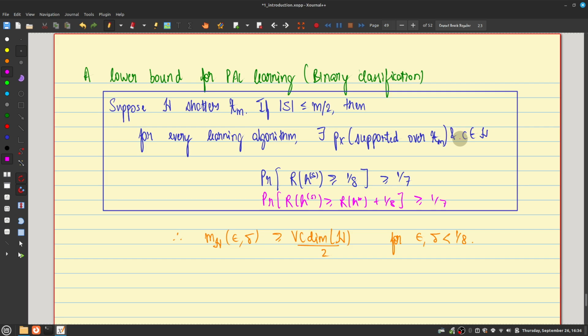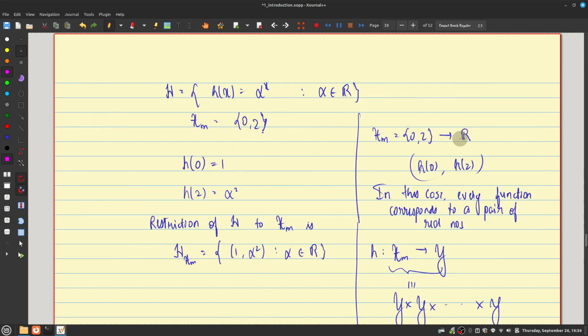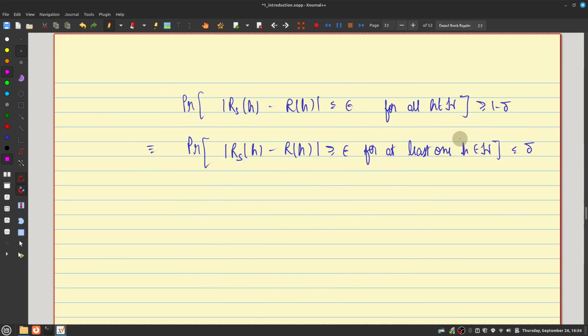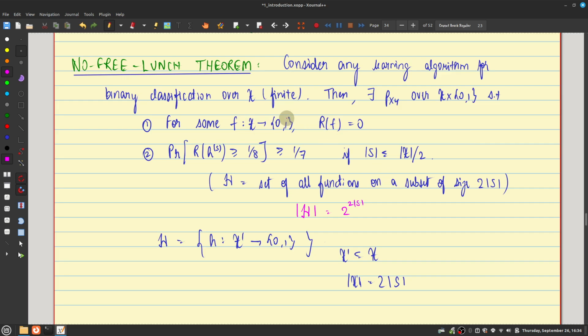So let's go back to the definition of the no free lunch theorem. Of course, you can look at the no free lunch theorem in a slightly more general way. So suppose that you always restricted yourself to a particular X, which has m elements, right?